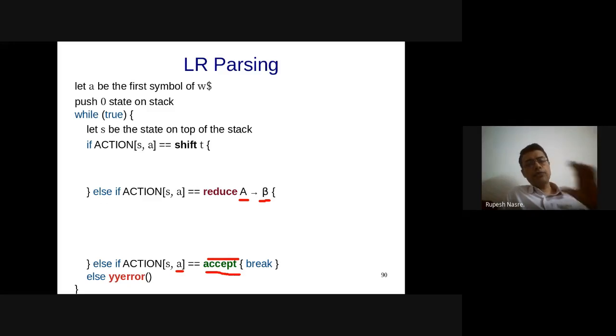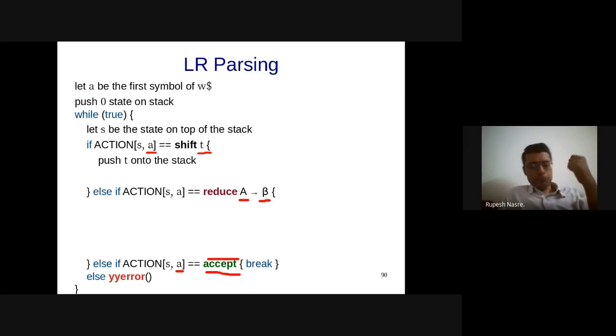Right? Let's write down the rules for the shift and reduce. Rules meaning the actions for shift and reduce. For shifting, we push shift T, which means that this is the symbol that should be pushed onto the stack. In general, it is going to be A. It's just a little more general: I don't want to shift a particular symbol, but I am talking about a state here, which means the state might represent something more than just the terminal.